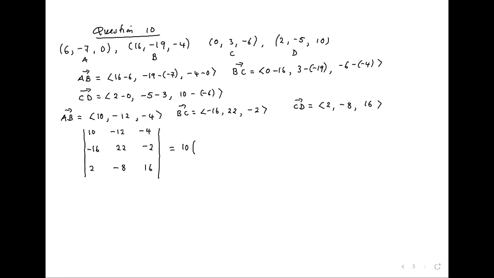So that will give us 22 multiplied by 16 minus negative 2 by negative 8, which is positive 16. And then plus 12. So 12 becomes plus because where it is sitting there's an invisible negative.